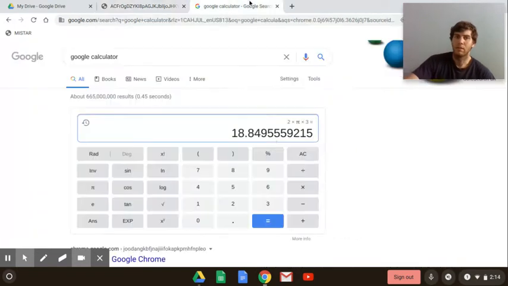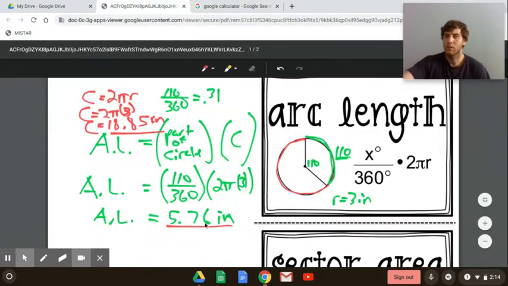If we did 18.85 times 0.31, that gives us our arc length of about 5.84. So the idea here is the arc length is simply part of the circumference. In our example, it's 110 out of 360, so it's 0.31, or 31% of the circumference.